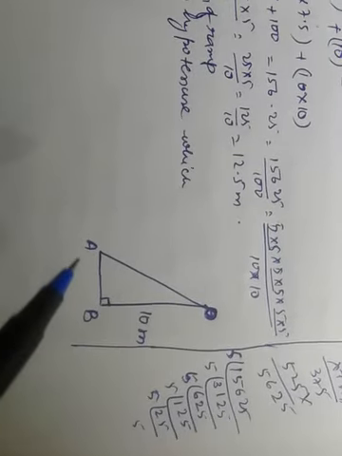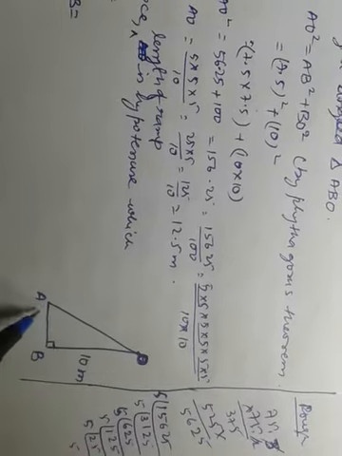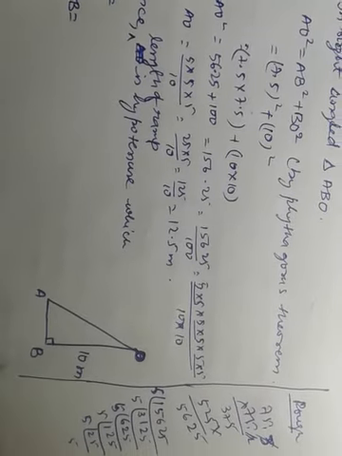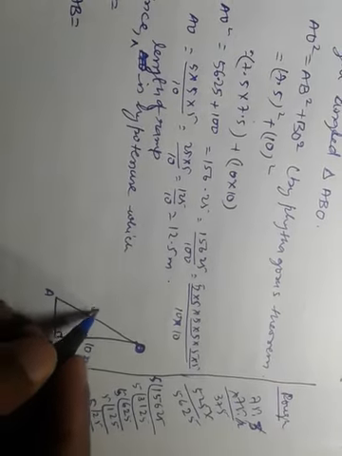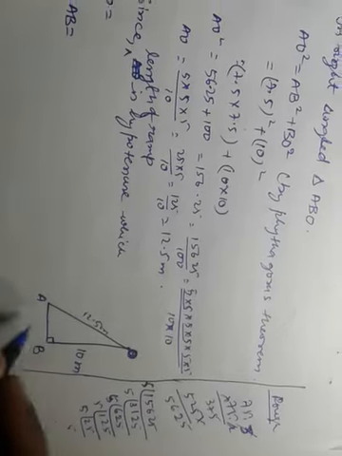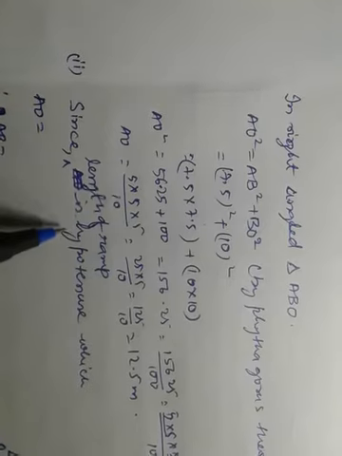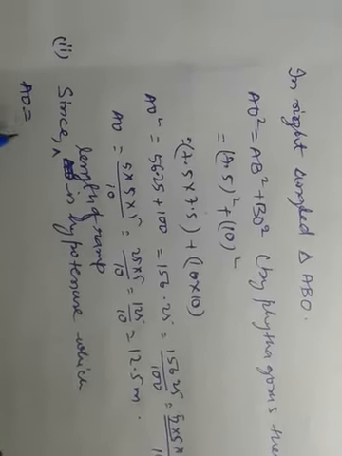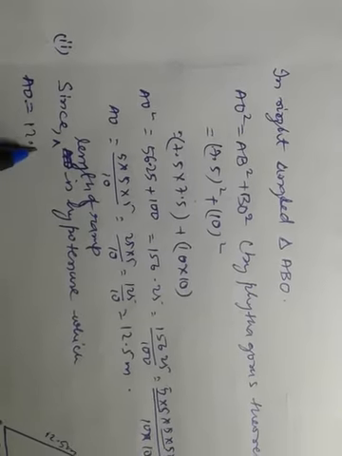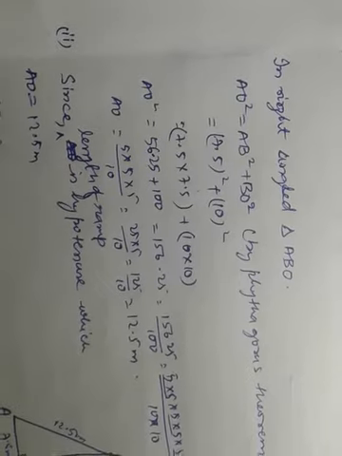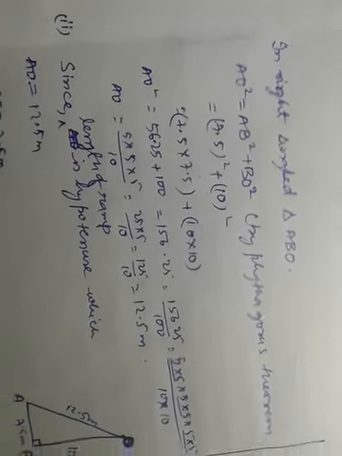The same ramp we are using, then this becomes the hypotenuse and this becomes the second side, 12.5 and this is 7.5. Since the length of the ramp is the hypotenuse, AO is 12.5 meter and AB is 7.5 meter. So in the second part we don't need to calculate anything, we only have to make the figure and show it.